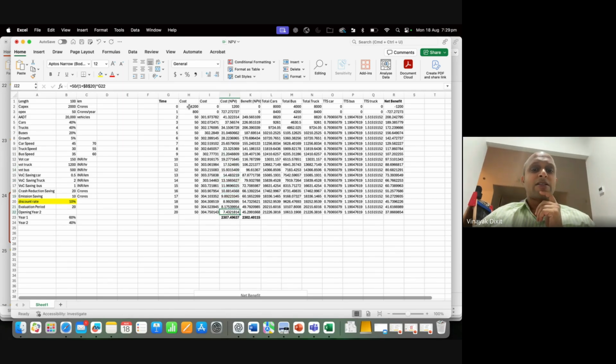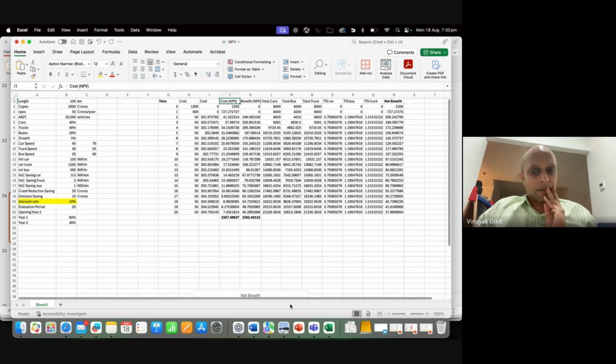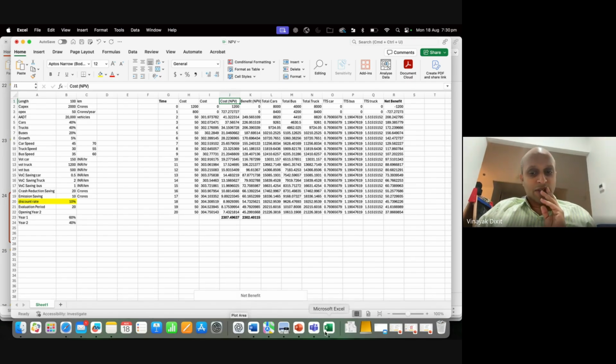After 20 years, it only becomes 7.4 crores. So even though you know that you're going to be spending 50, it is worth 7.4 crores because you're discounting it. That's number one. So that's the cost column, and then that's the net present value for the cost. Clear? Any questions?